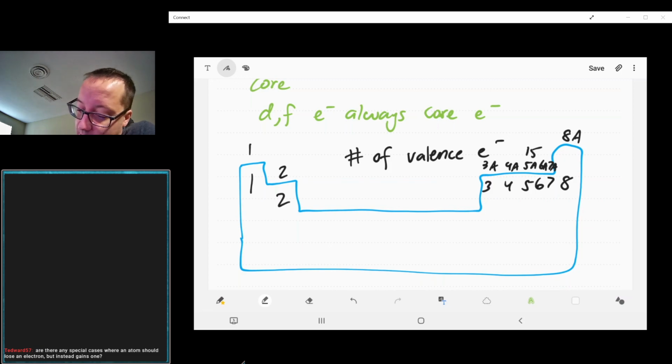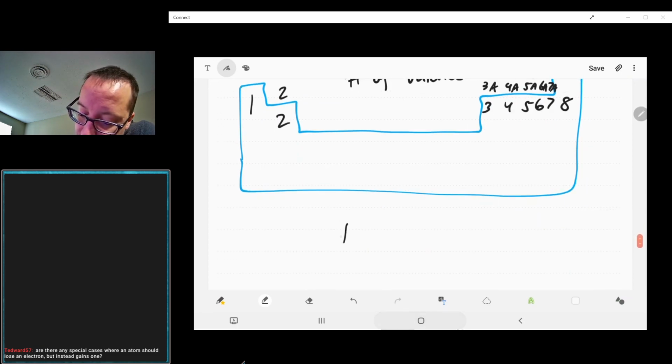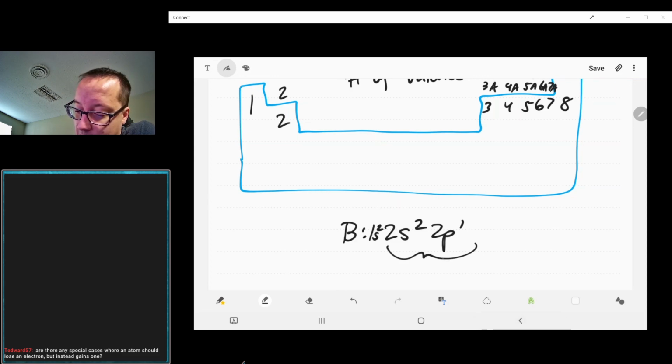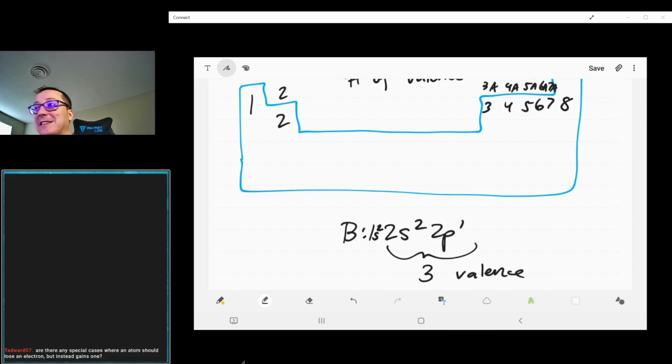If you think about boron here, it will have 2s2, 2p1. So it has 3 valence electrons. This is going to be something we're going to focus more on in Chapter 5b, but it's still going to be important for us to distinguish between valence and core electrons.